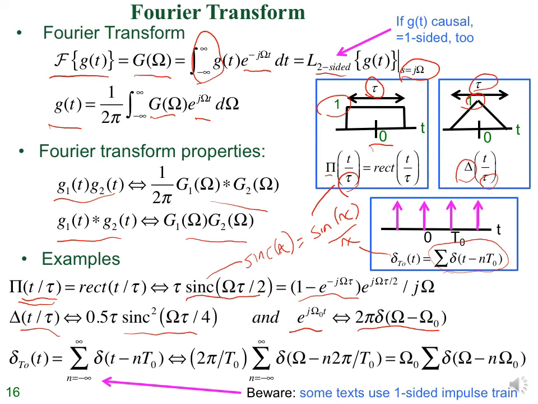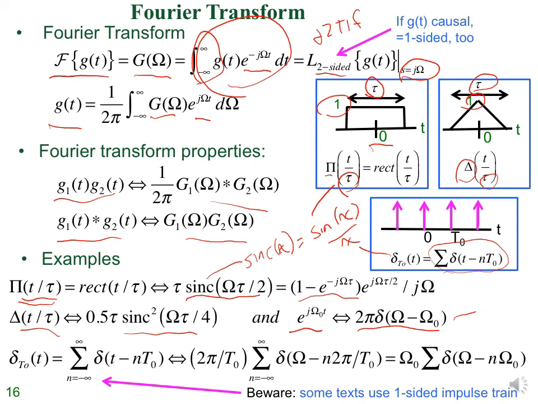One last thing to mention: we are using the Fourier transform definition e to the j omega t. Another common form is j 2 pi f t. You have to be very careful, as the Fourier transforms have subtle differences. For our purposes, we're using the omega form rather than the frequency in hertz.